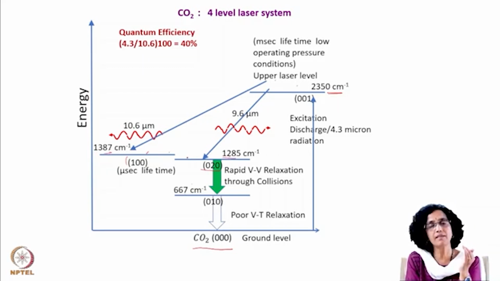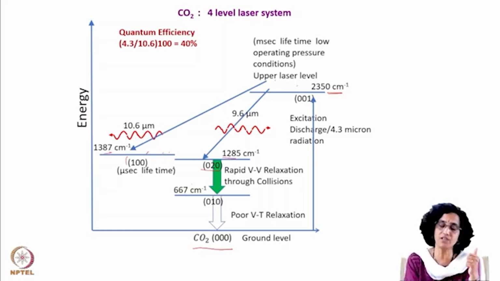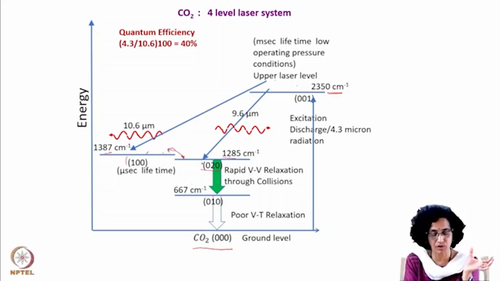That means it is much less than the thermal energy that is possessed by these molecules. And therefore, through collisions, they are in a constant exchange of energy, exchange of population, etc. So we can say that they are in some sort of equilibrium, right? So these two, 100 and 020, are in some sort of equilibrium.